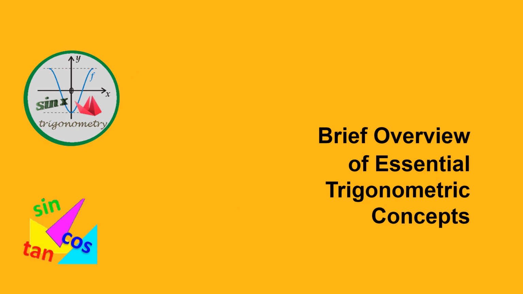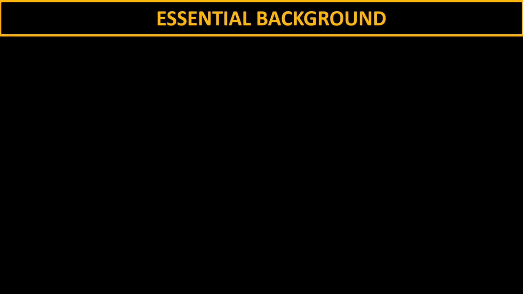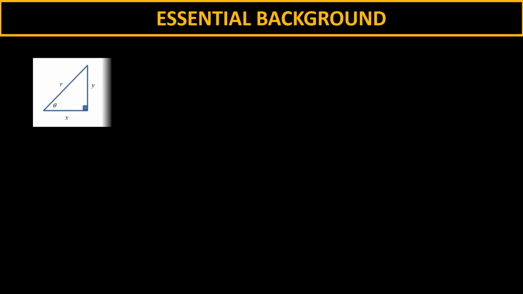Let's start with a brief overview of essential trigonometric concepts that you would require for simplification as well as for proving trigonometric identities. First of all, you need to know the definitions of the three trigonometrical ratios: sine, cosine, and tangent. So if we have a right angle triangle, there we have angle theta.